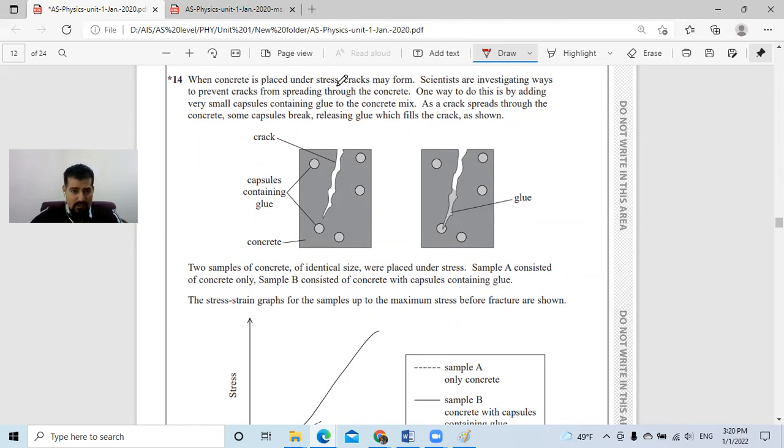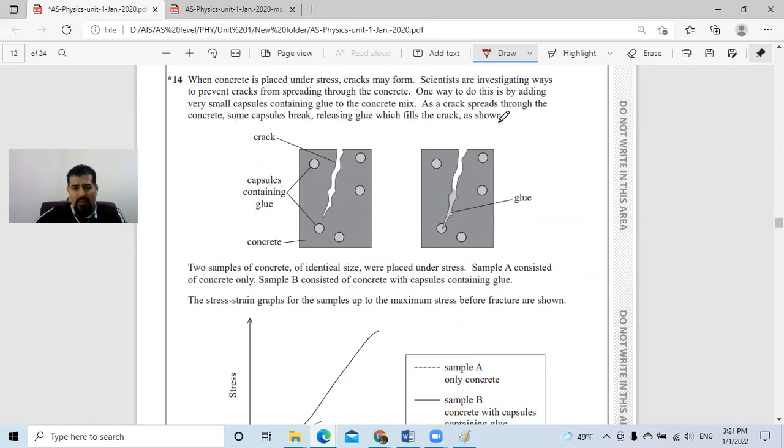Scientists are investigating ways to prevent cracks from spreading through the concrete. One way to do this is by adding very small capsules containing glue to the concrete mix.